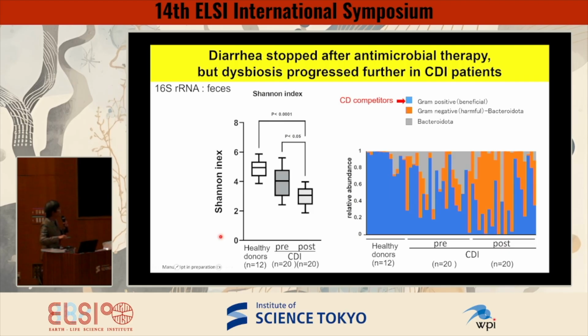After the vancomycin treatment, even though their symptom is stopped, as you see here, there is no gram-positive but gram-negative dominancy. So antibiotics are a great discovery for humans, but they break the homeostatic balance like this.